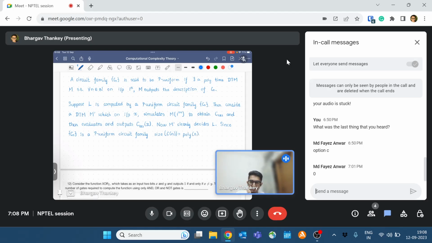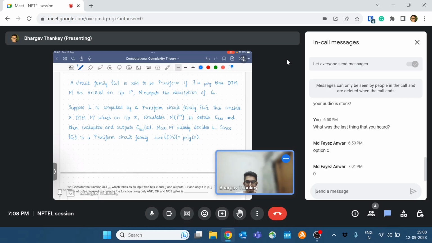So this is my claim that the size of Cn equals poly n. So why is this claim true? Okay, so what do we know about Cn? We know that there exists a polynomial time Turing machine M, which on input 1 to the n outputs the description of Cn, right?